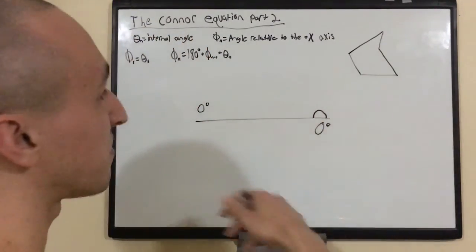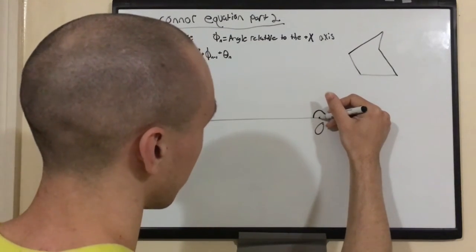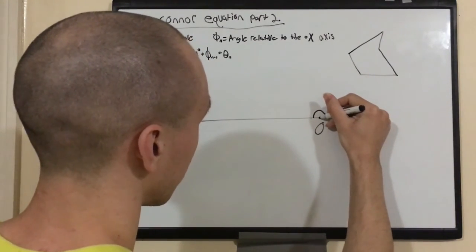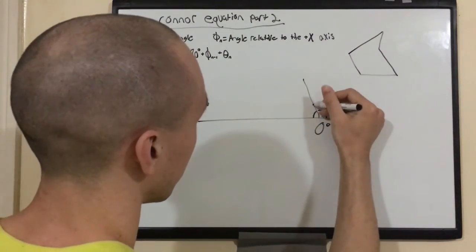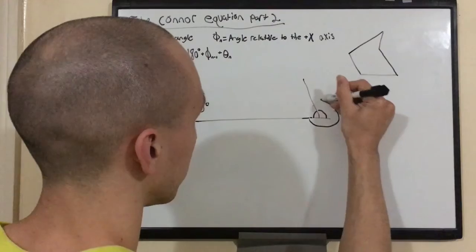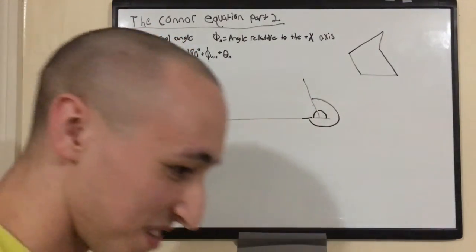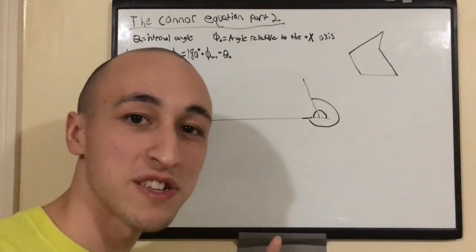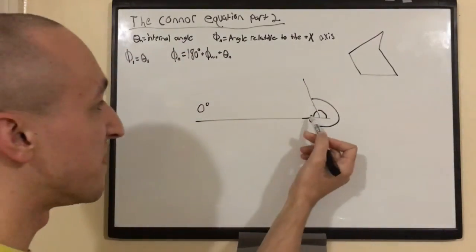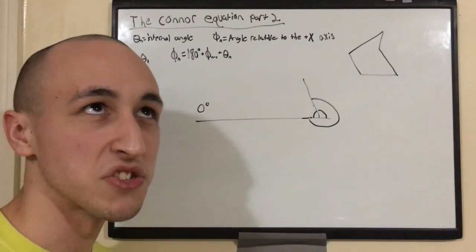And what is theta? I don't know. There's your theta. The interior angle is this. It's one of those situations where if this were the interior angle, that's an impossible situation.